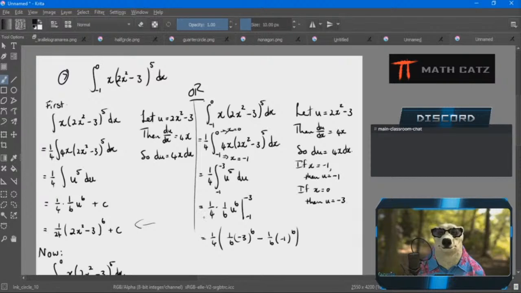Now feel free to pause here and calculate and verify that I get the same 30.3.